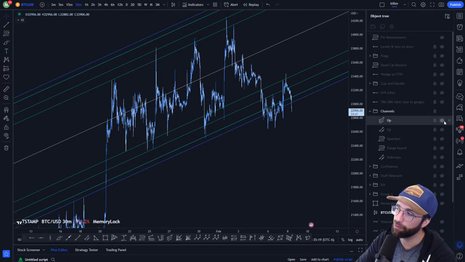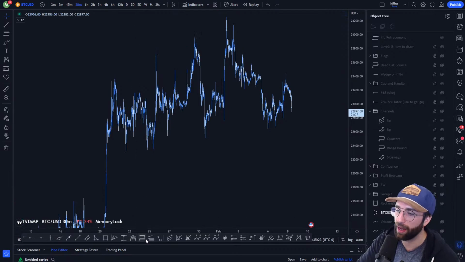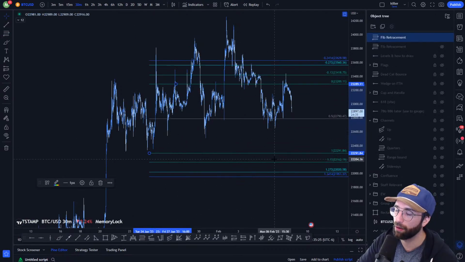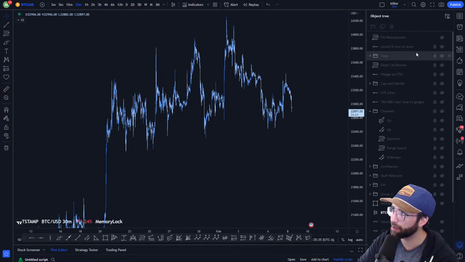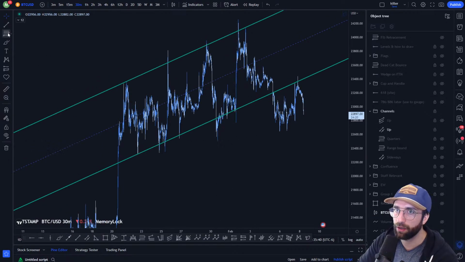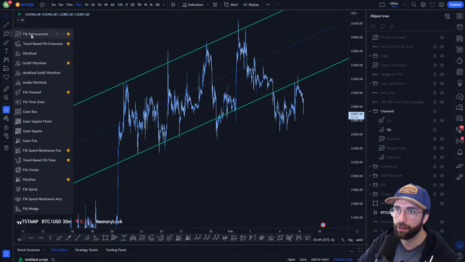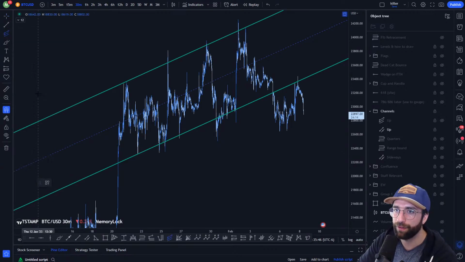And I actually used a different tool here, and I'm going to show it to you. So we have the retracement tool, which gives you horizontal levels. Well, there's also the Fibonacci channel tool. If you go over here and go down to Fib channel, I'm going to do this a little bit easier because I want to get the exact one. So we have our upwards channel, and I'm going to put my magnet tool on, go here and go to Fib channel.